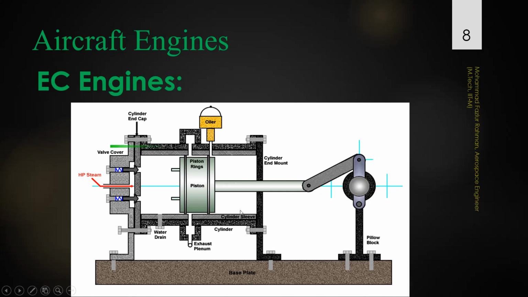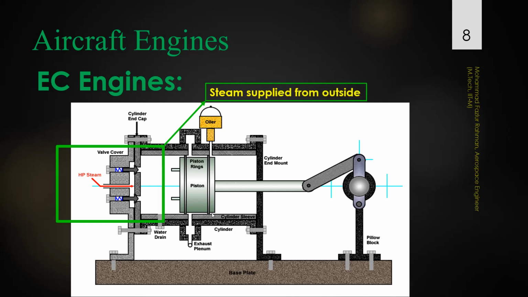What is important here is that this steam which is entering is taken from somewhere else. It is not part of this power generation. It can be anything. It can be coal burning somewhere else, or somehow we are heating water somewhere else. So this basically is steam supplied from outside. That's the definition of your EC engine.